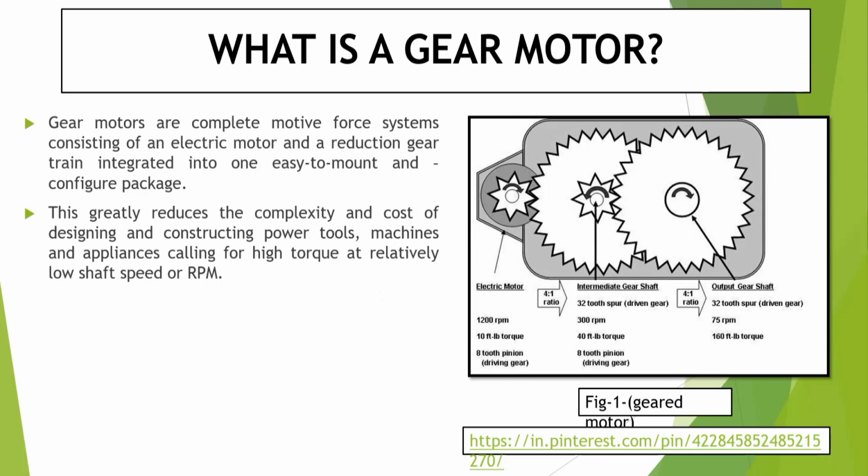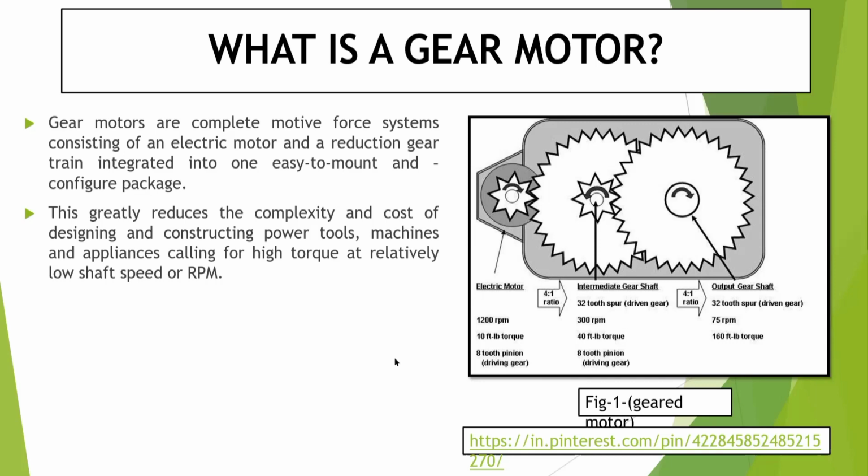And it will reduce the cost of making some special arrangement for controlling the speed of a machine. So this gear motor is specifically producing a high torque at very, very low speed, which is not possible with a DC or induction machine.